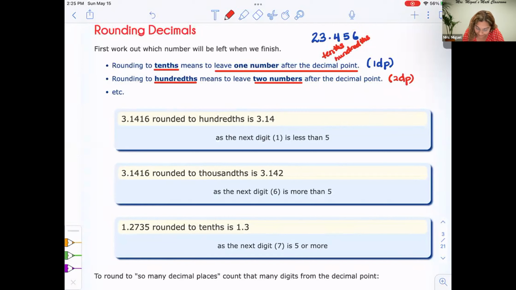Now, let us examine this number. This has 1, 2, 3, 4 numbers after the decimal point, but I want to round it to hundredths or to 2 decimal places. So that means I need to eliminate these 2 numbers.